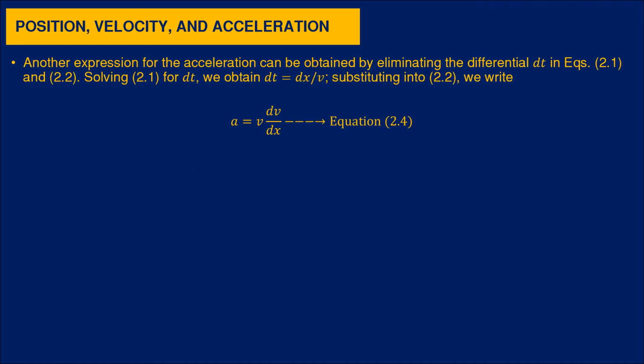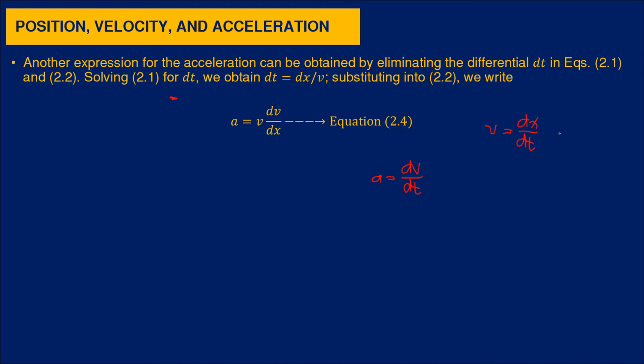Alright, so another expression for the acceleration can be obtained by eliminating the differential dt in equations 2.1 and 2.2. Solving 2.1 for dt, since the formula for 2.1 is v equal to dx over dt, and in 2.2 the acceleration is equal to dv over dt.